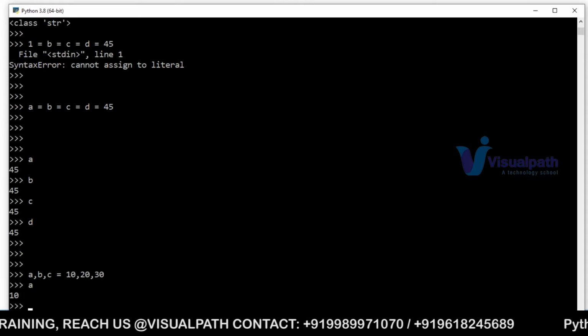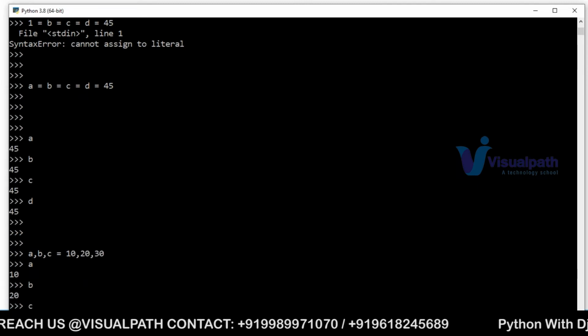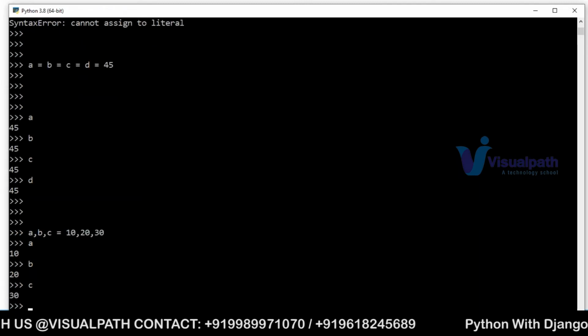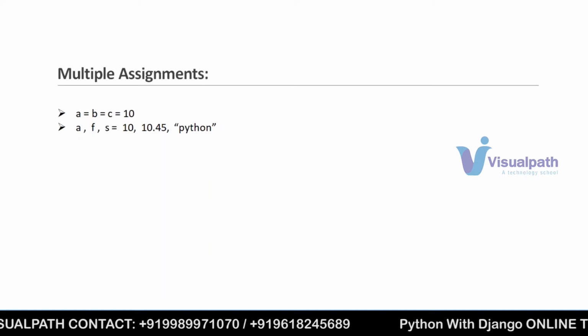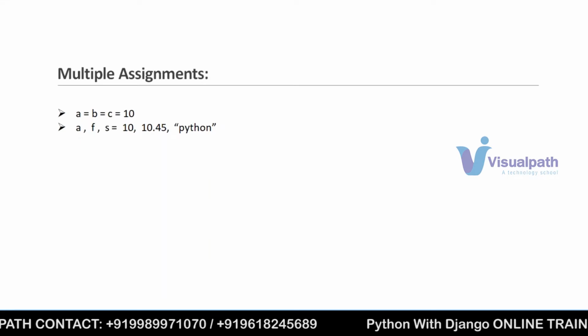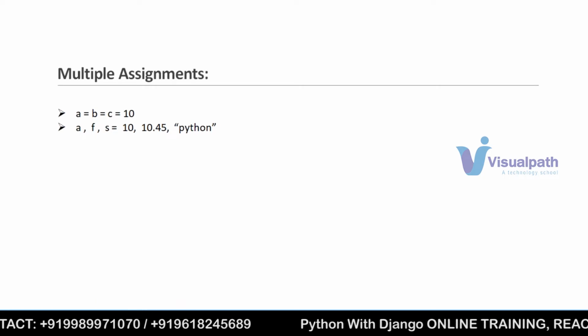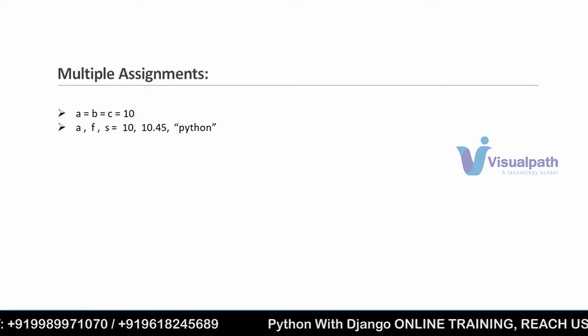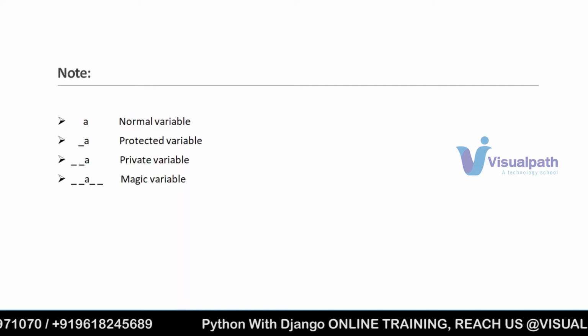It will assign in the same order whatever we gave, so c will be 30. This is how we define multiple assignments. It is just to know about this, but try to avoid it when you are programming, for readability purposes. Next.